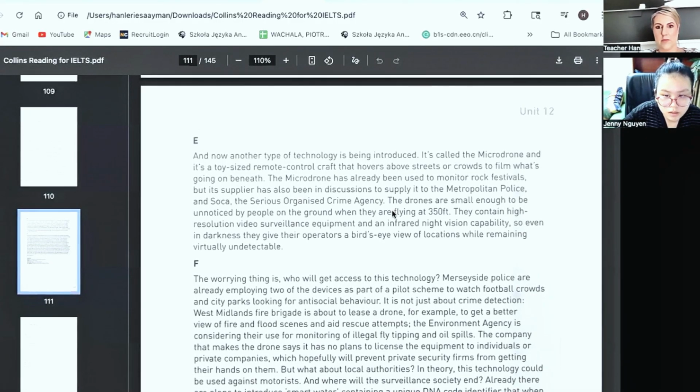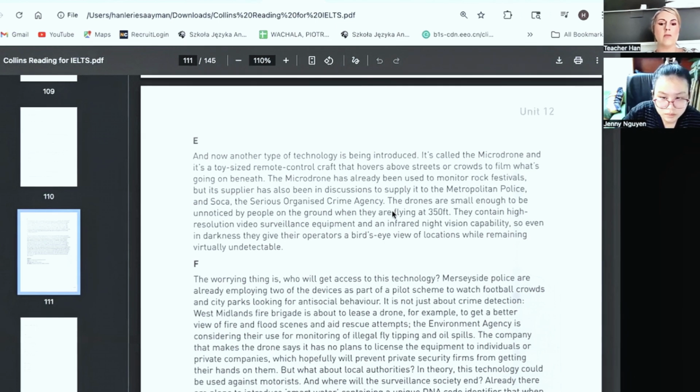It's called a microdrone, and it's a toy-sized remote control craft that hovers above the street or crowd to film what's going on beneath. The microdrone has already been used to monitor a rock festival, but its supplier has also been in discussion to supply it to the Metropolitan Police and SOCA, this year's organized crime agency.